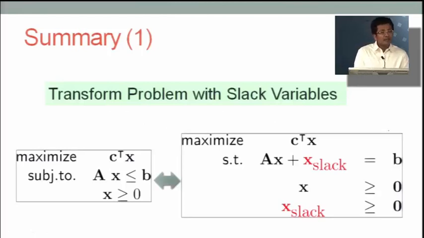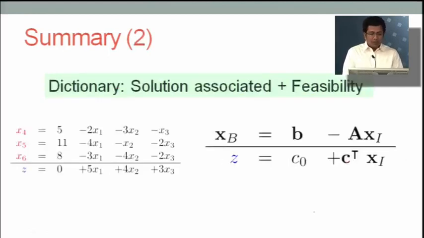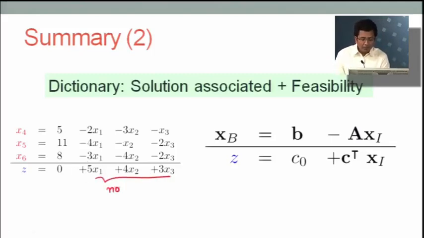So let me summarize. Summary, number 1, we transformed the problem to add these slack variables. We took the standard form, we added the slack variables. Summary number 2, we converted after the slack variables to this structure called the dictionary. Okay? And the dictionary is a structure for representing the problem. These are called non-basic.